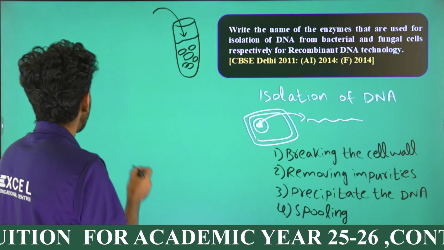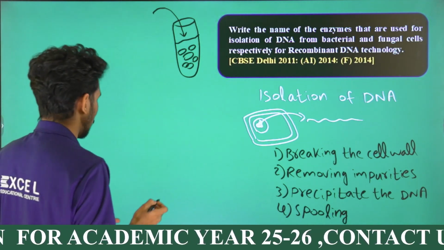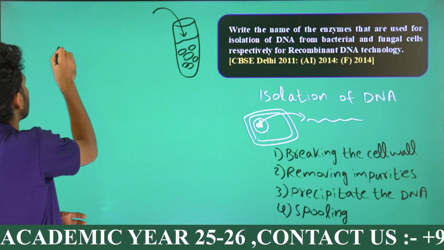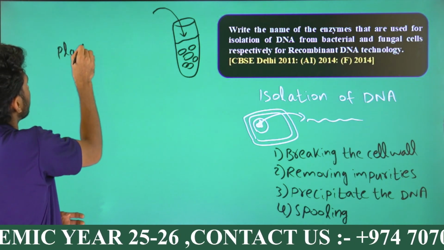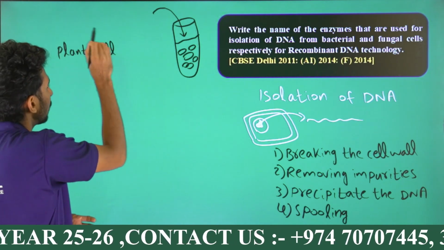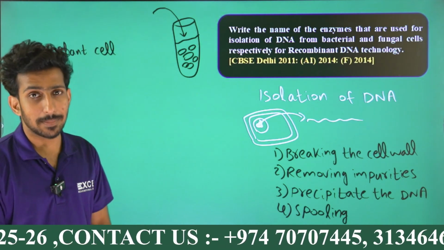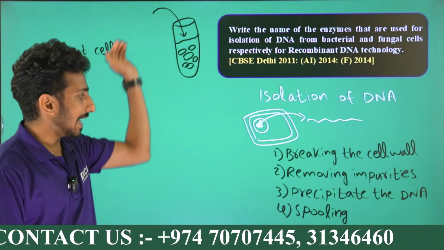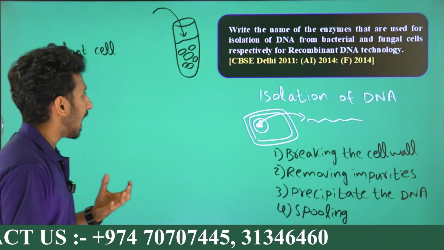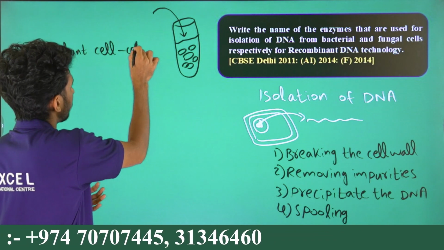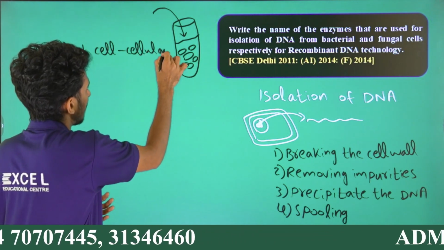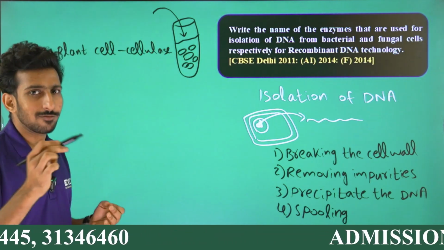See, if we are taking the DNA of a plant cell, you know the cell wall of a plant cell is made up of cellulose. In order to break cellulose, we have to add cellulase to break the cell wall of the plant cell.